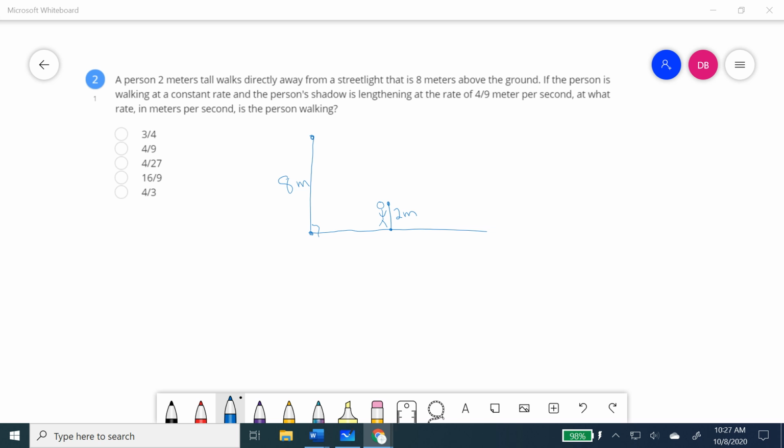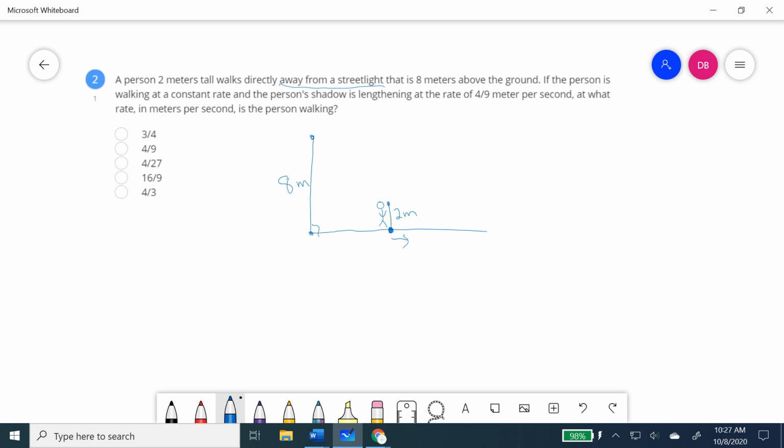So the person is walking away from the street light. Now, if you want to look at the speed of that person walking, that's the speed of this point in particular moving.